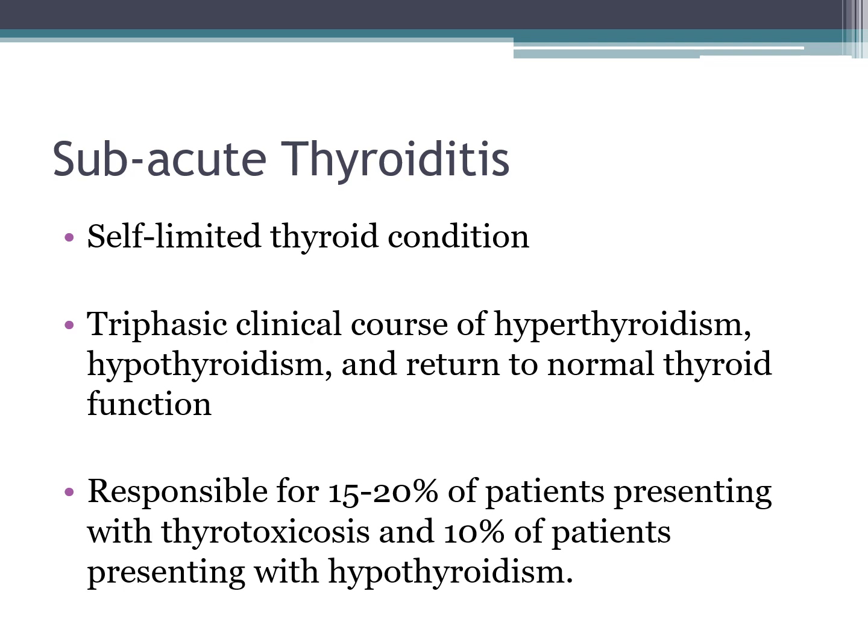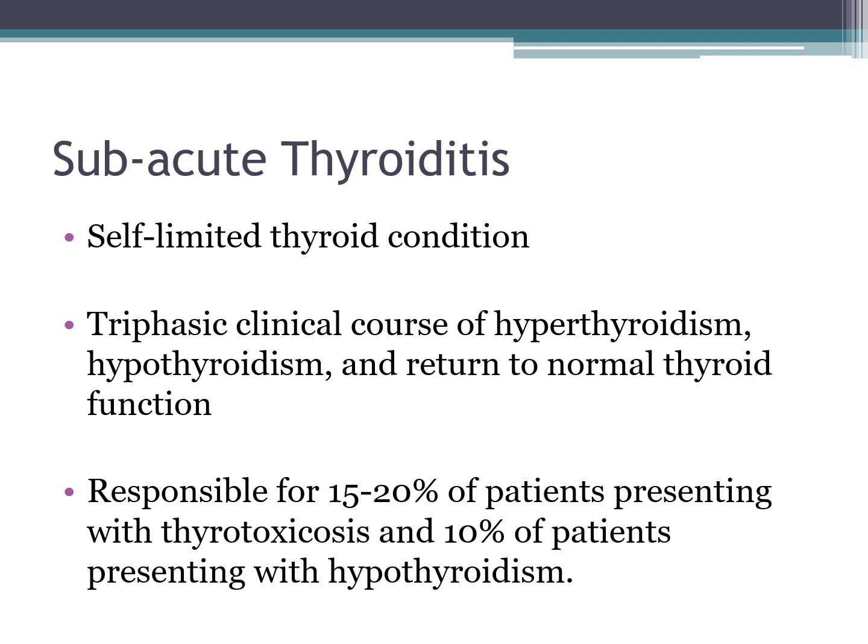So, subacute thyroiditis is a self-limited thyroid condition, and again it has a similar triphasic clinical course: initially hyperthyroidism, then a euthyroid state, followed by hypothyroidism. It is responsible for about 15 to 20% of patients presenting with thyrotoxicosis, and 10% presenting with hypothyroidism.